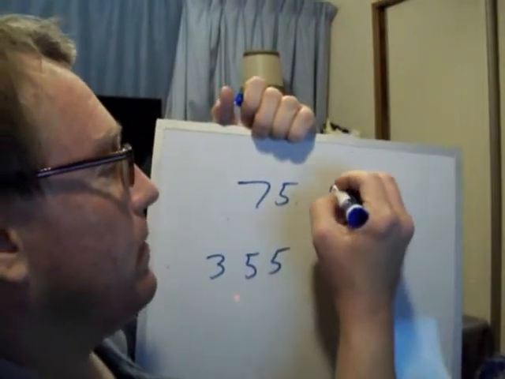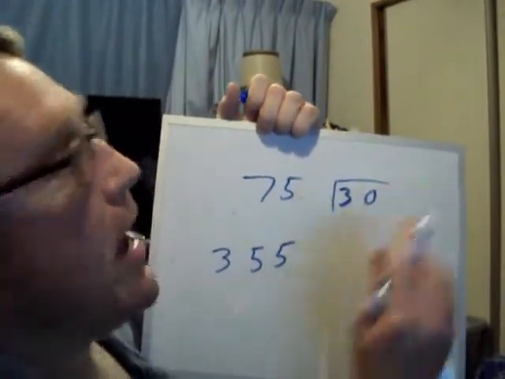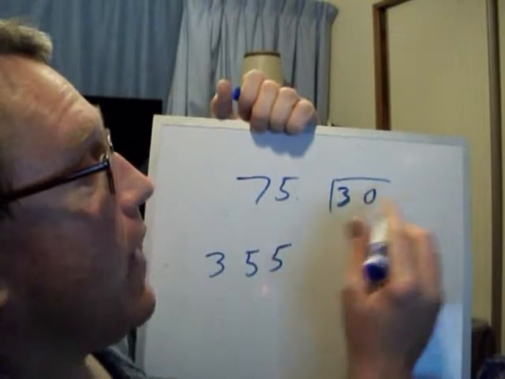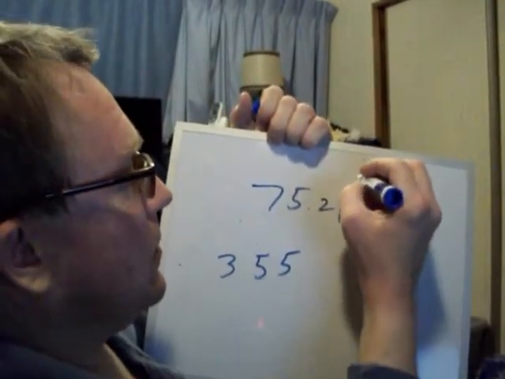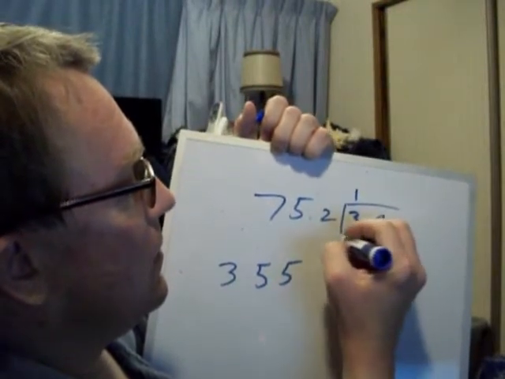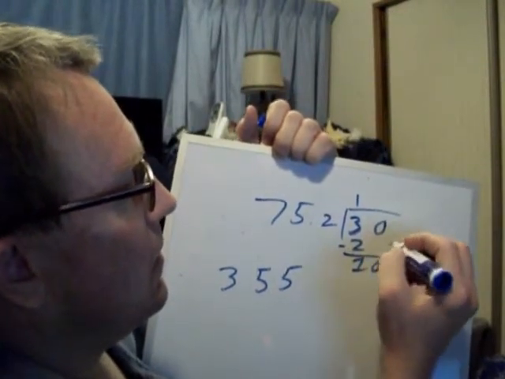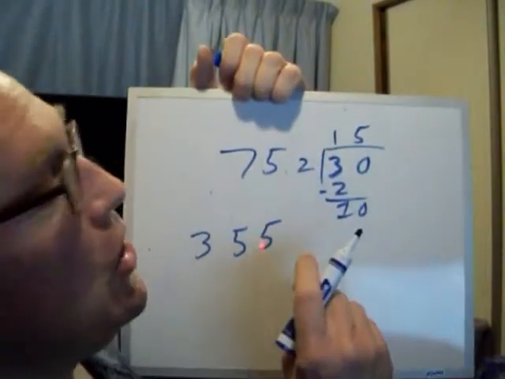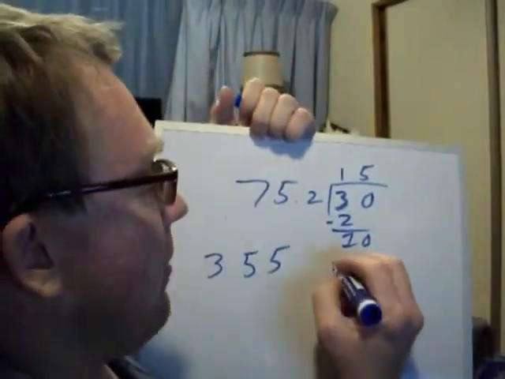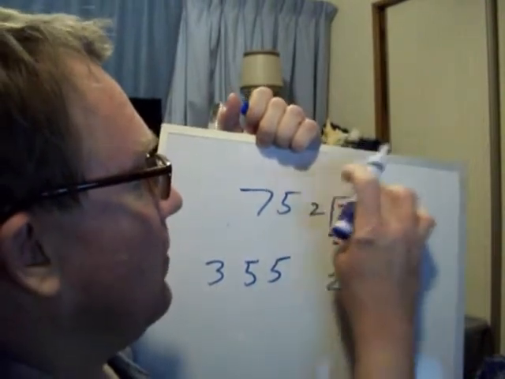What about 30? Well, can 2 divide 30? Well, yes, it can. So 15 times 2 is 30. So now we have our first factor, which is a 2.